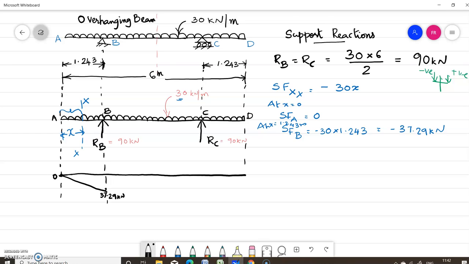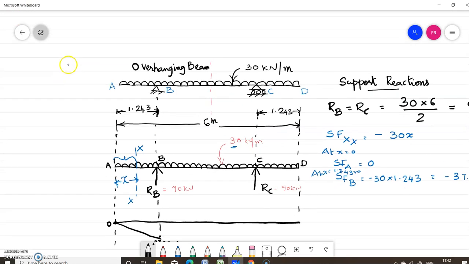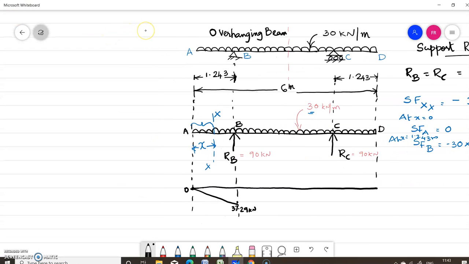Now simultaneously we can write the equation for bending moment for this much portion. So what is the equation for bending moment? Bending moment diagram for portion AB. So let us consider the same section line XX at a distance small x from A. Bending moment at x is equal to bending moment due to this much load.